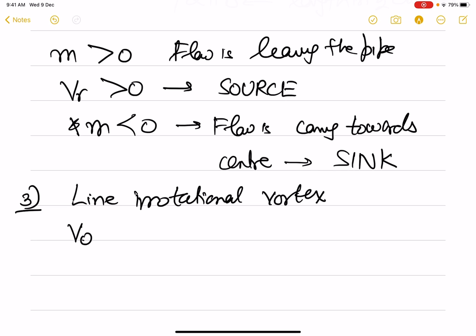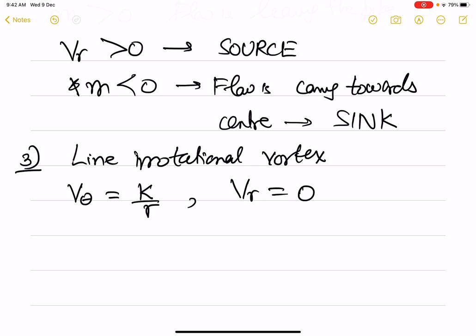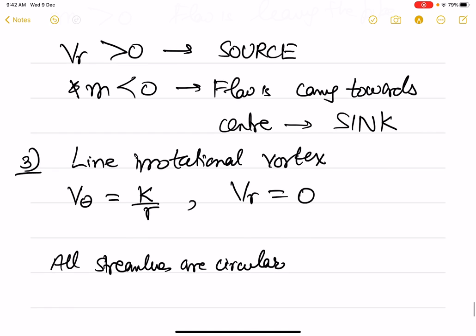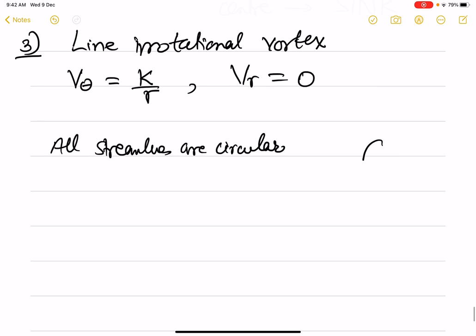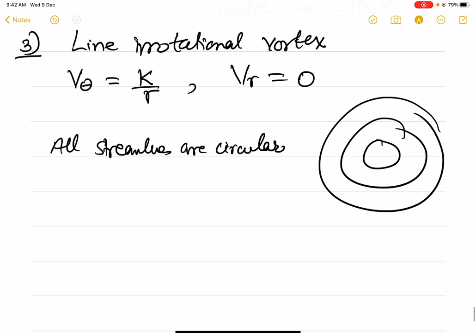This is a flow where v theta is equal to k by r and Vr is equal to 0. That means all streamlines in this flow are circular. In the previous case, the streamlines were radial.